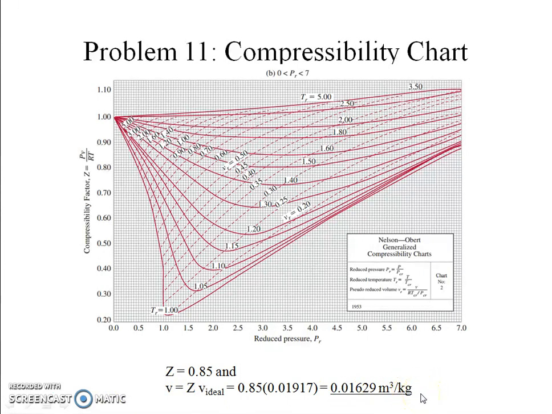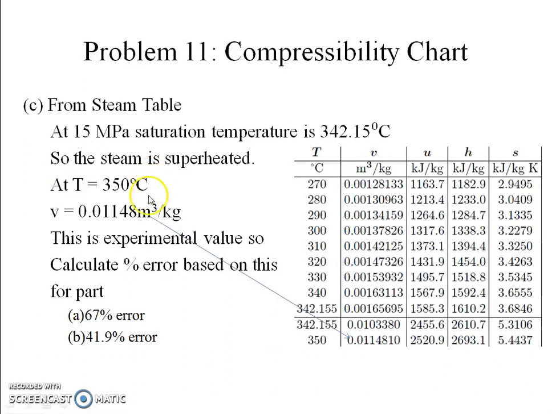Now we will see the third method, that is from the steam table. So steam is at 15 megapascal. I am directly using a superheated steam table over here.